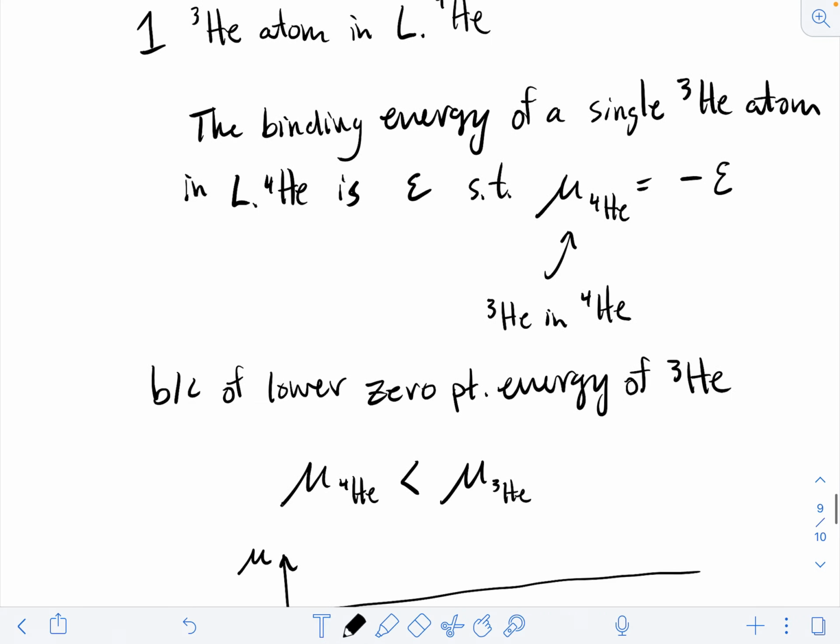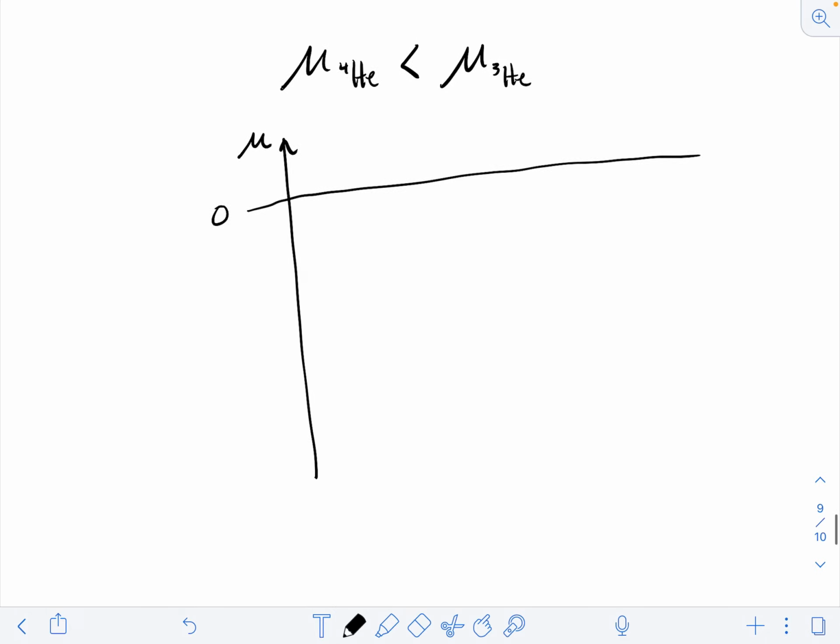Now the chemical potential for the helium-4 case is minus epsilon. And so we'll put that over here somewhere. And so this is mu for a helium-3 atom in liquid helium-4, which is minus epsilon.